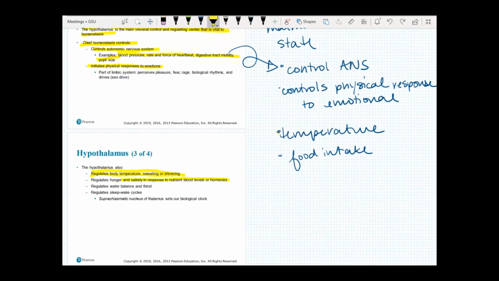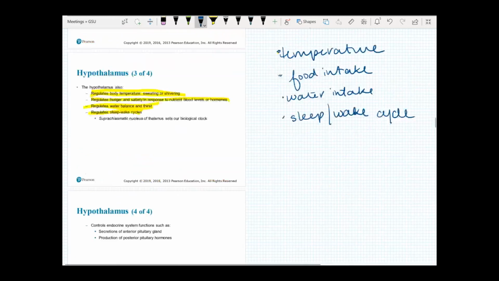It also controls your water balance and whether or not you're thirsty, so your water intake. It also helps with your sleep-wake cycle. It works with your pineal gland to regulate your sleep and wake cycle. So your hypothalamus is very important for all of these reasons.